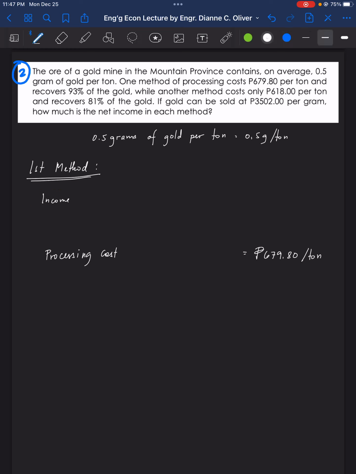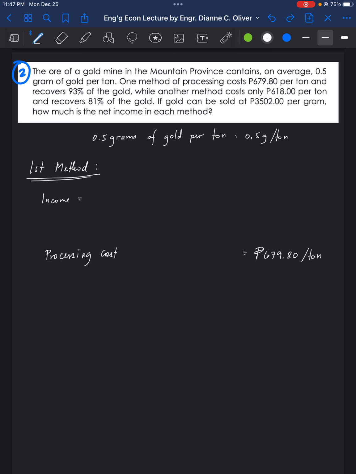So for the income, in the first method, it can recover 93% of the gold. So if they are mining in the mountain province, the average grams of gold per ton from the ore, when you get it pure or you get it 100%, that is 0.5 grams of gold.